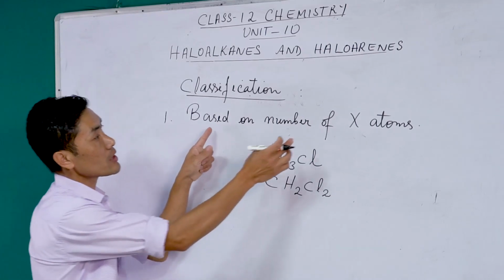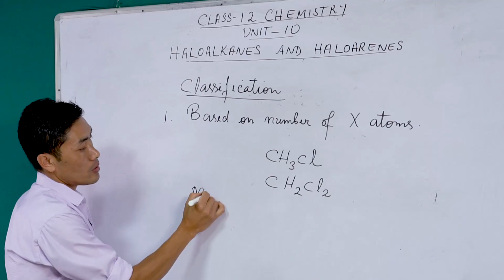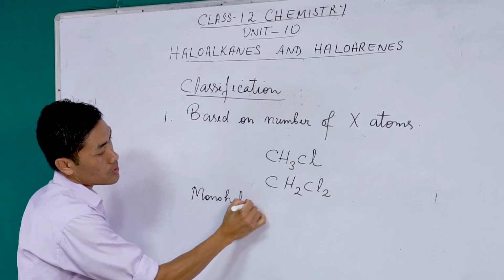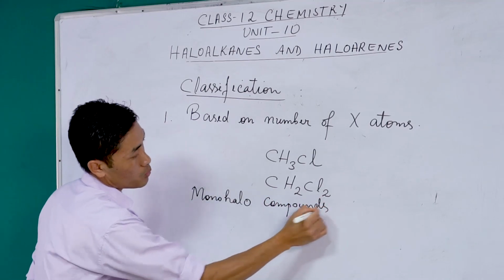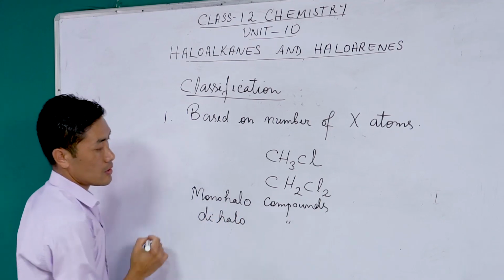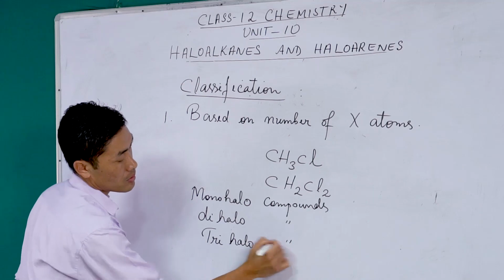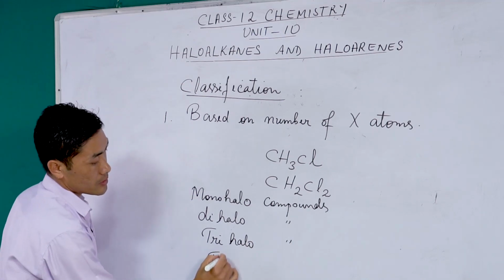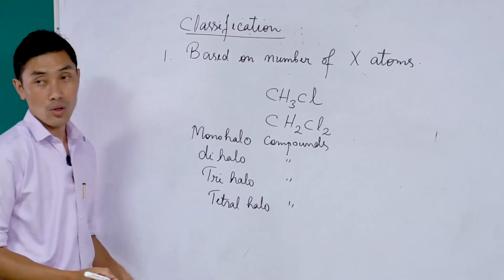So based on the number of halogen atoms, we have monohalo compounds, dihalo compounds, trihalo compounds, tetrahalo compounds, and so on.